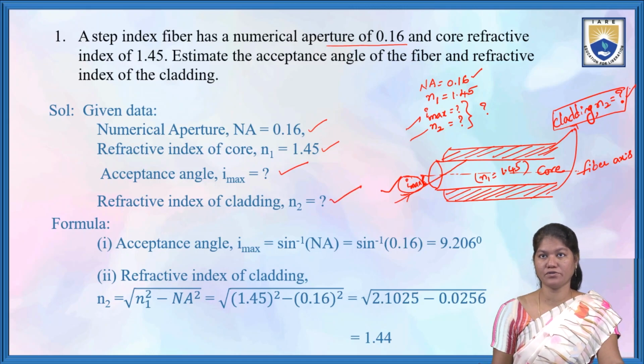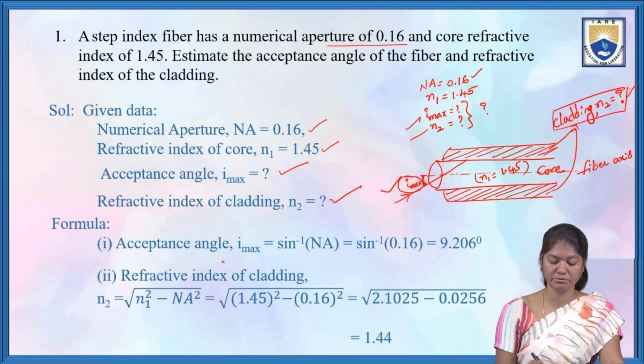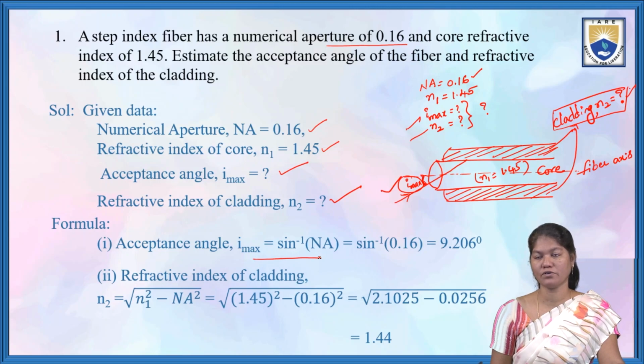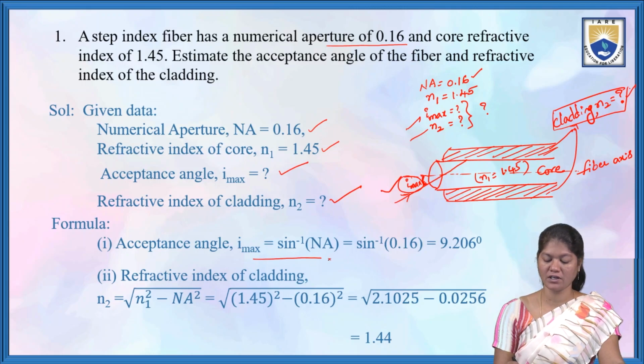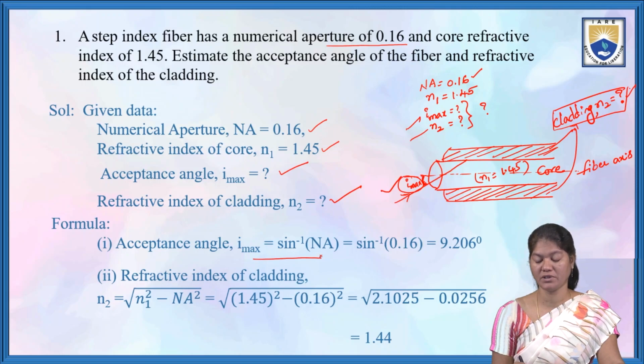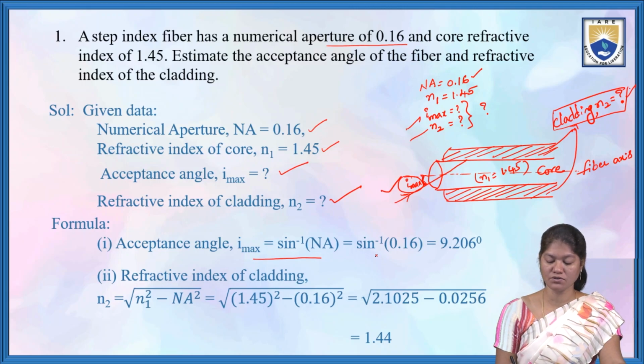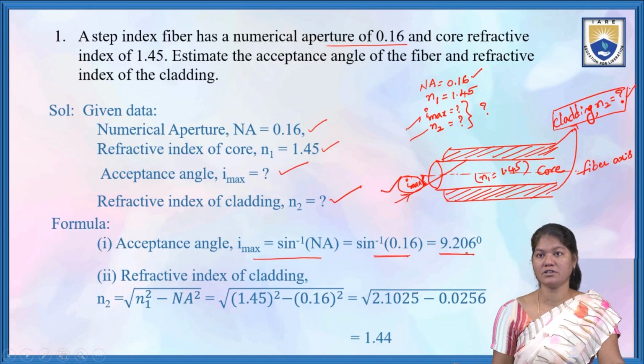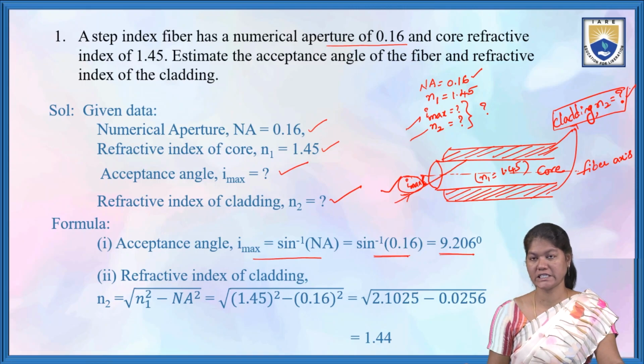So what is the formula? The formula for acceptance angle is sine inverse of NA. The NA value has been given, so sine inverse of the numerical aperture value 0.16 gives 9.206 degrees.